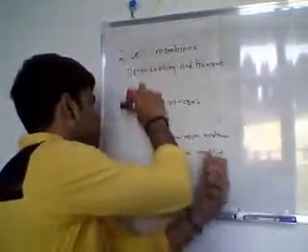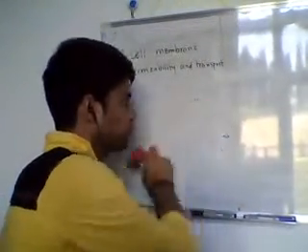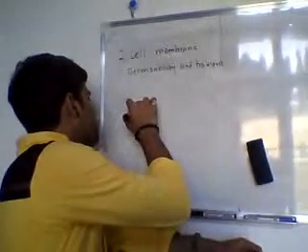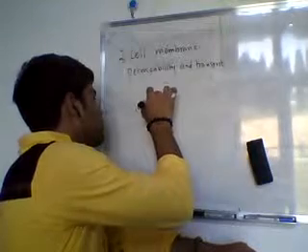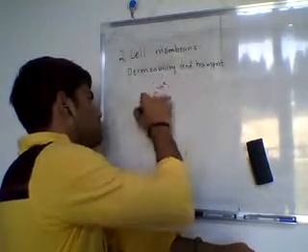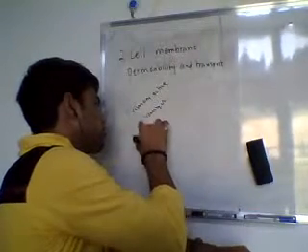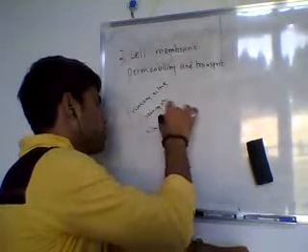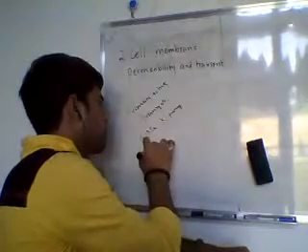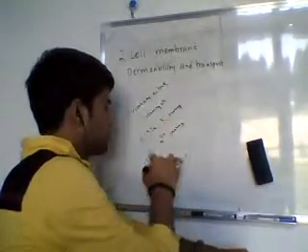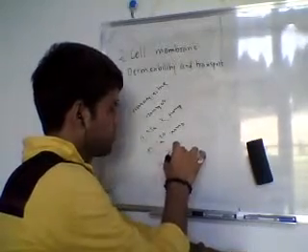Okay, let me give some examples for primary active transport. Primary active transport is the transport of the sodium pump, potassium pump, calcium pump, and hydrogen ions.